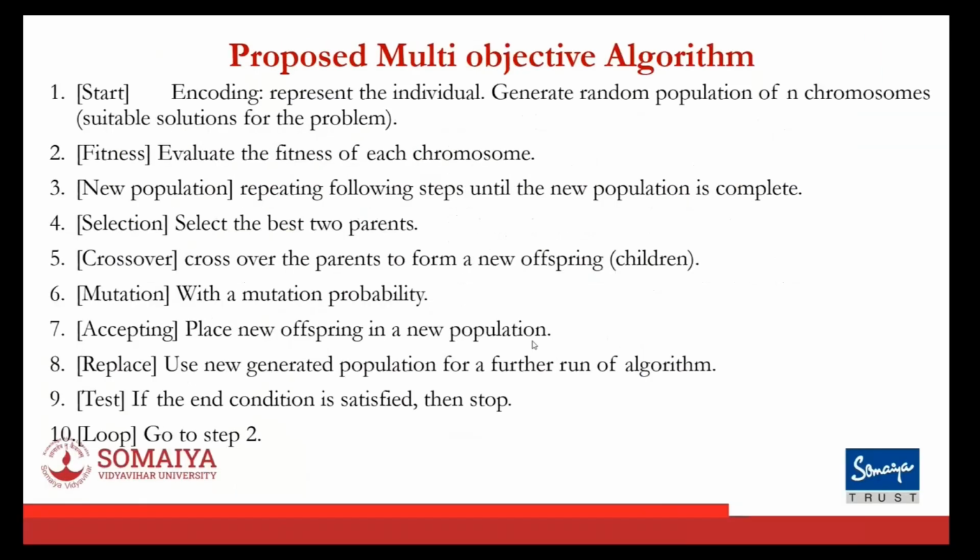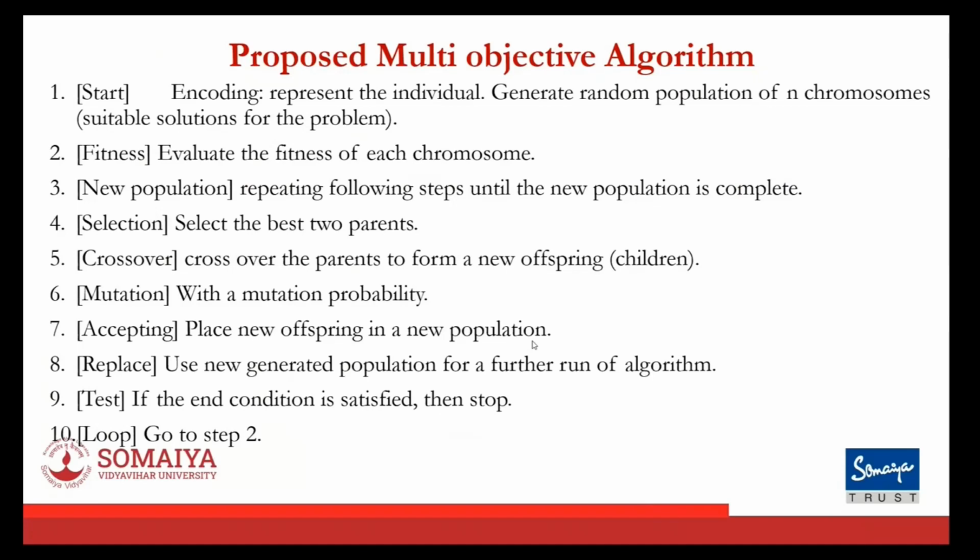Now the multi-objective algorithm which was proposed by the research paper in order to solve the 0-1 knapsack problem is as follows. Step 1, Start. Encoding: it represents the individual. Generate a random population of n chromosomes, which are suitable solutions for the problem. Step 2, Fitness: it evaluates the fitness of each chromosome. Step 3, New population: it repeats the following steps until the new population is complete.